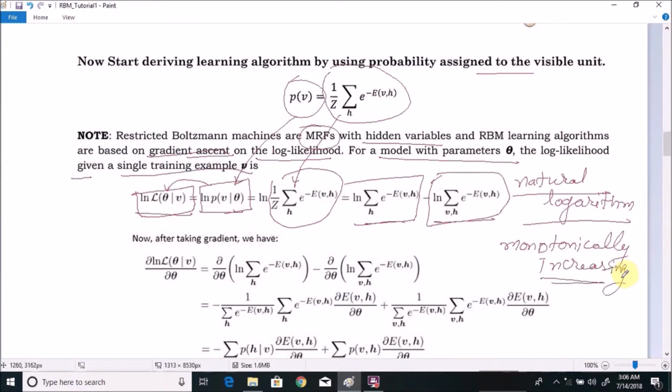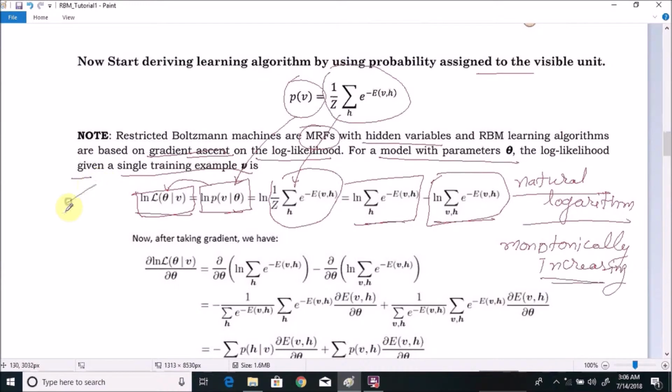This means if the value on the x-axis increases, the value on the y-axis will also increase. This ensures that the maximum of the log of the probability occurs at the same point as the maximum of the original probability function.